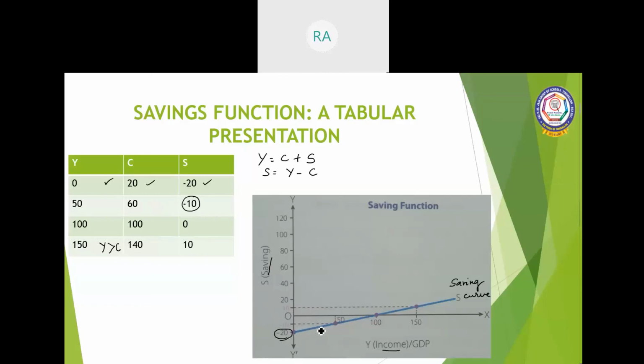This savings line crosses the x-axis at this point, when income is 100. This indicates nil savings because income is equal to consumption expenditure, and so there is nil savings.